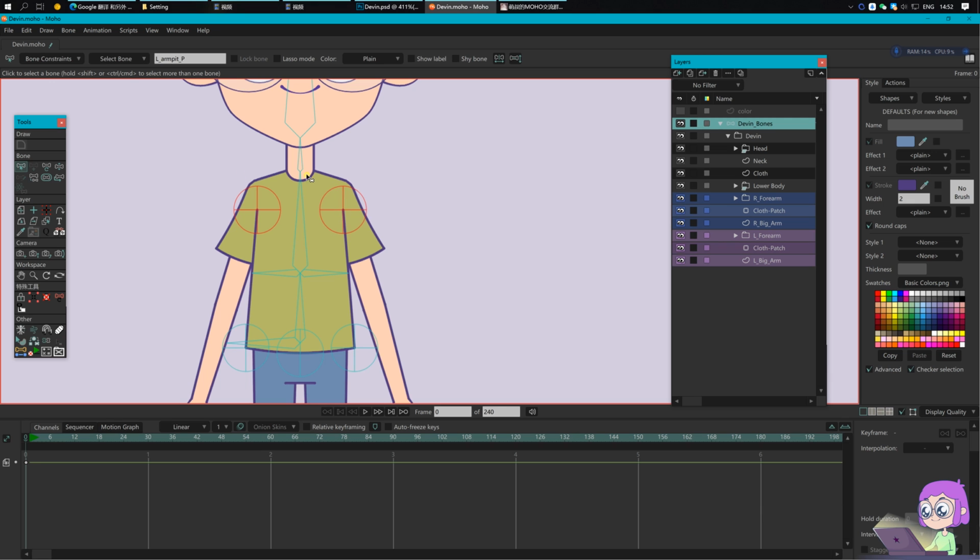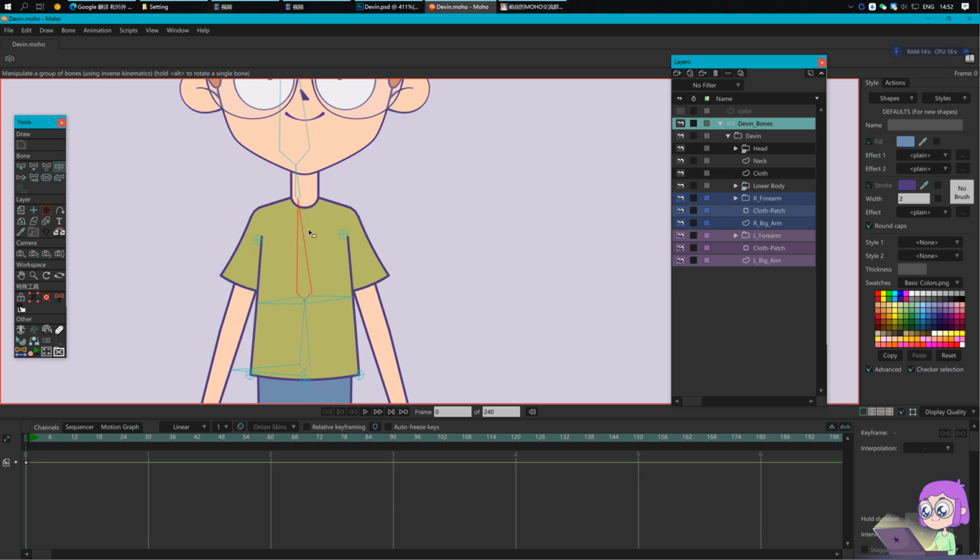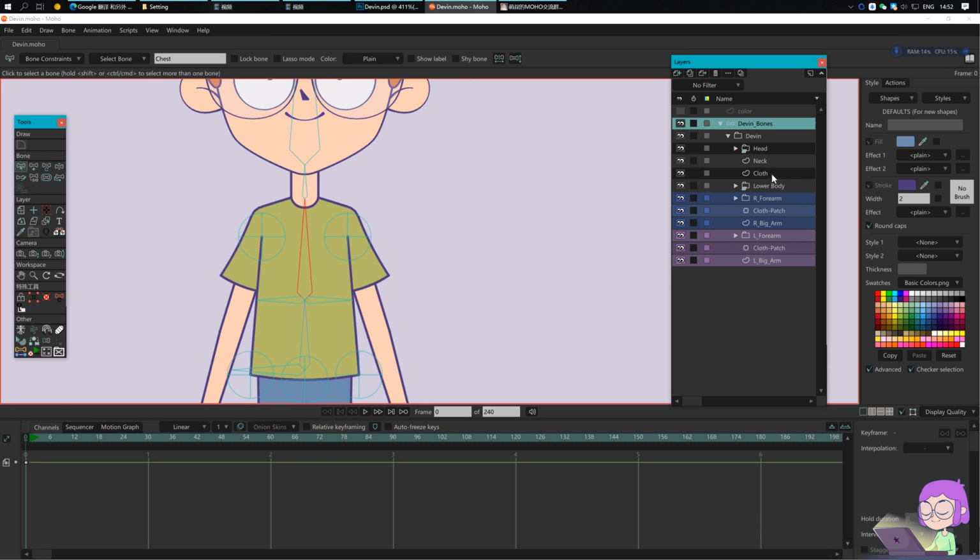The 2-point bones of the armpit need to be connected to the bones of the shoulder. The bones of the shoulder have not been created yet, so temporarily connect to the bones of the chest.